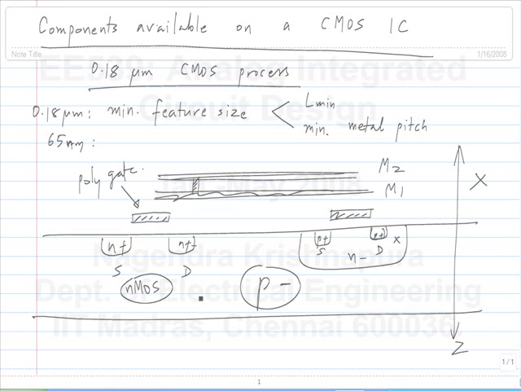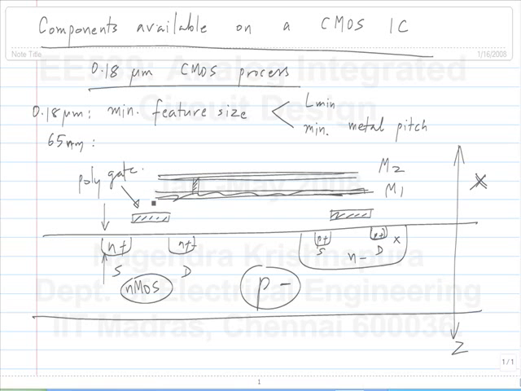So you can change the size of these metal pieces, but not the thickness of the metal pieces. And similarly, all of these things, the N plus diffusion thickness and so on, you can't change. What you can change is in the plane, which is, in this case, into the board, into the screen.